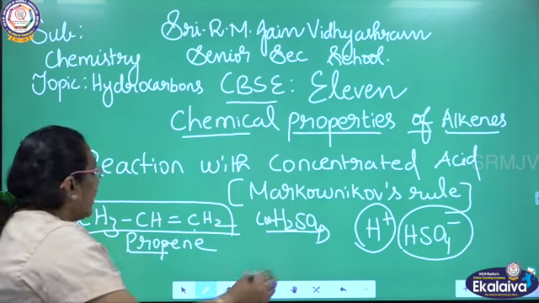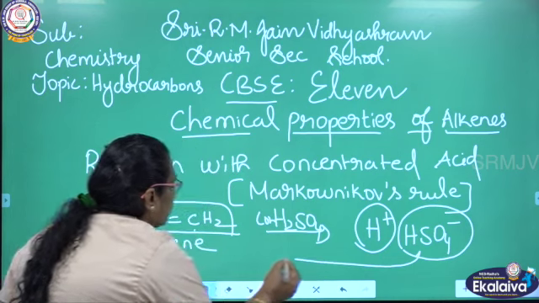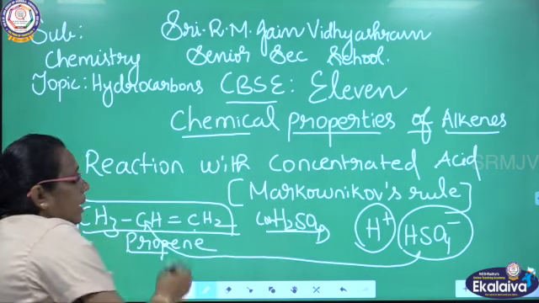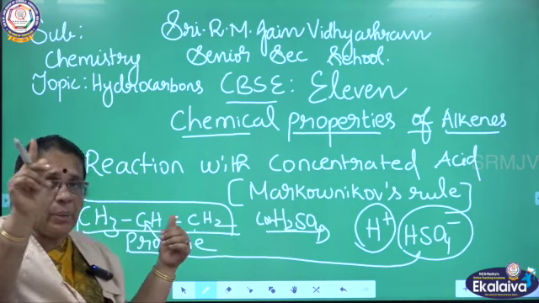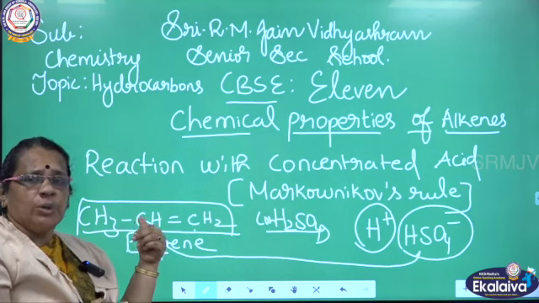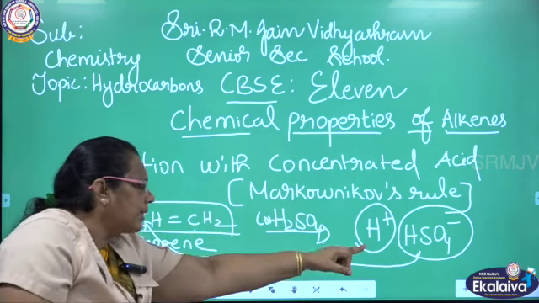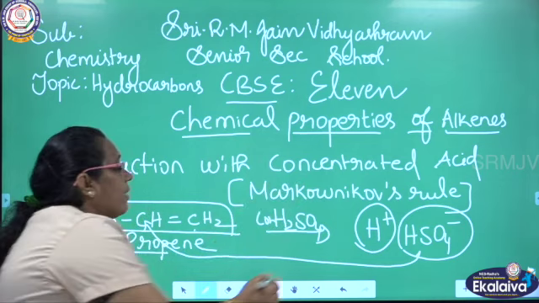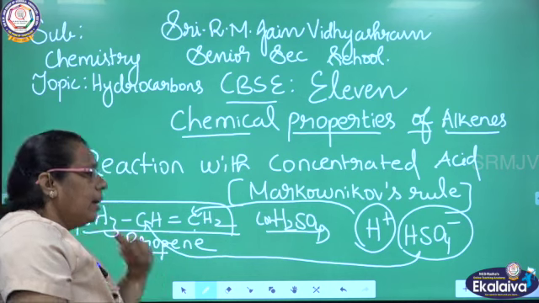So we will add the compounds now. Here the negative part is attached to the carbon having less number of hydrogen. Only this carbon has less hydrogen, because it has only 1 hydrogen. So I am adding the negative part to the carbon having less hydrogen, and the positive part to the carbon having more hydrogen.